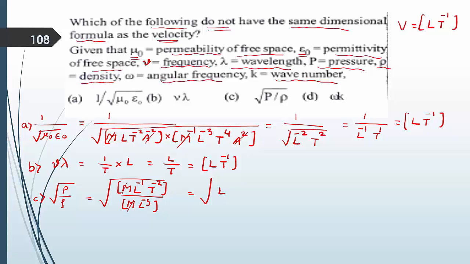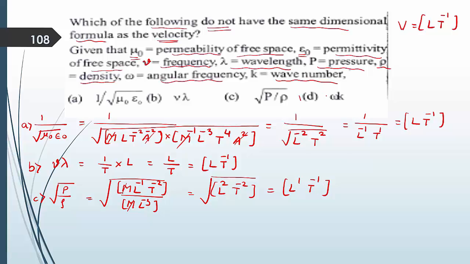L raised to minus 1 plus 3 will be 2, L square into t raised to minus 2, or we can write here L raised to 1 t raised to minus 1. So this is also having same dimension.